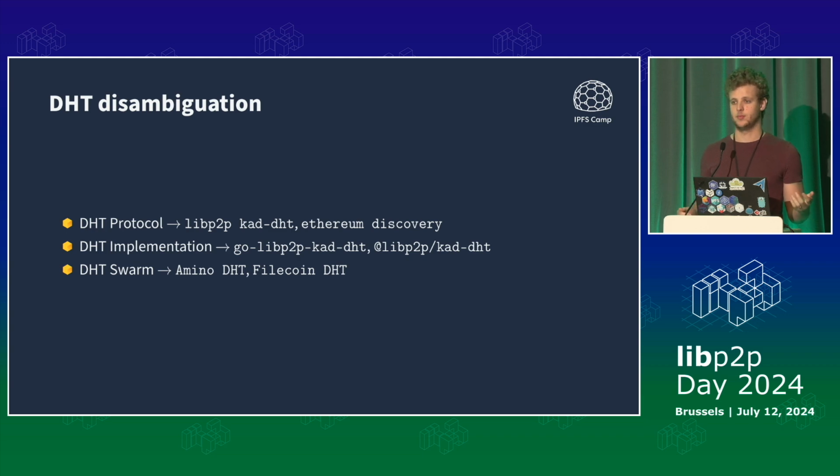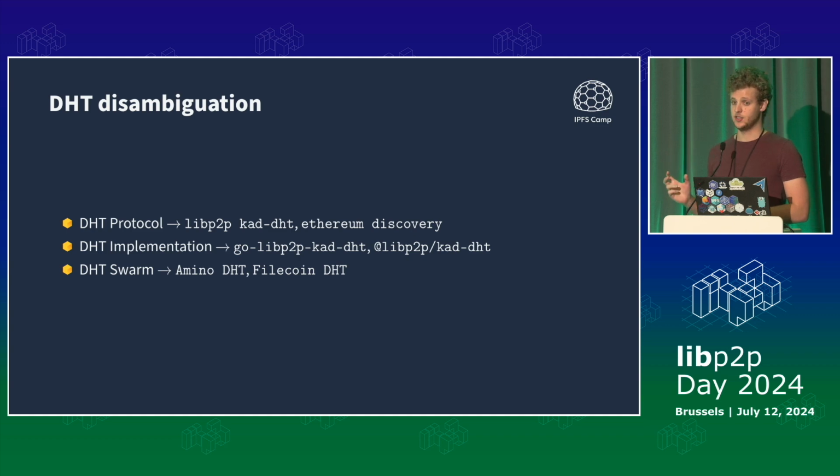Another example is the Ethereum discovery DHT. Then there is the implementation. A DHT implementation is basically implementing the specs. So taking the libp2p specs, there are the Go implementation, JS implementation, Rust implementation, and so on. They're all implementing the same spec.